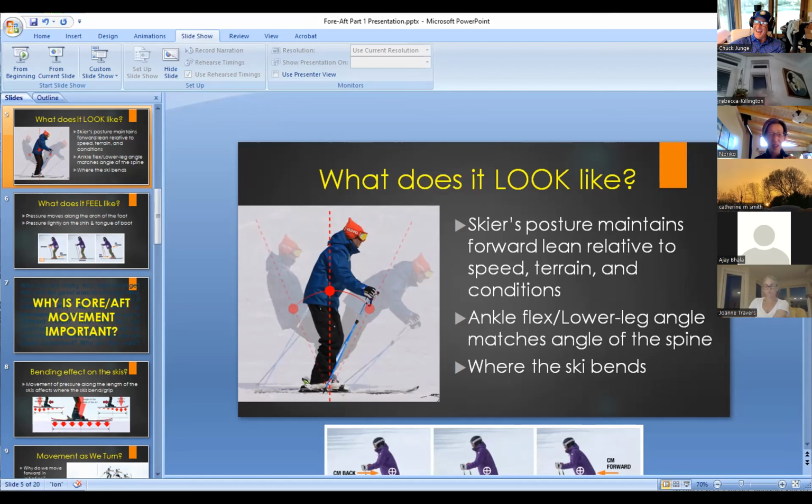Right. But you know, you should not wait until level 3. No, you should never, ever wait, because we think that without fore-aft balance, we can't go anywhere. Right? The rest of the fundamentals won't work.